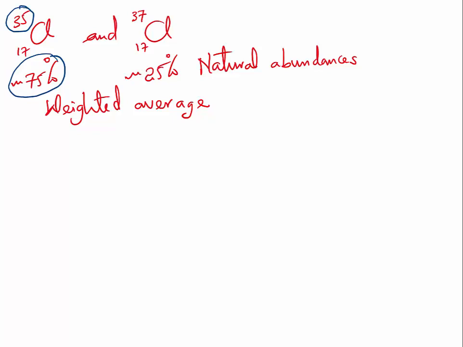For chlorine 35, we multiply its abundance, which is 75%, by its mass number. We add that to 25% multiplied by the mass number of chlorine 37.